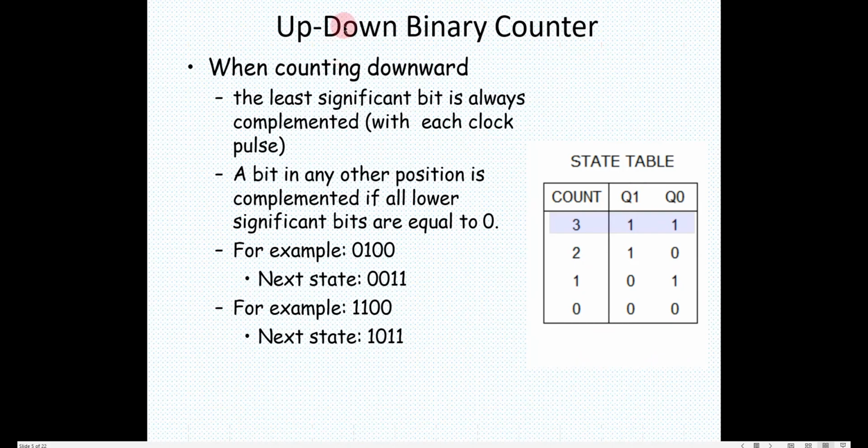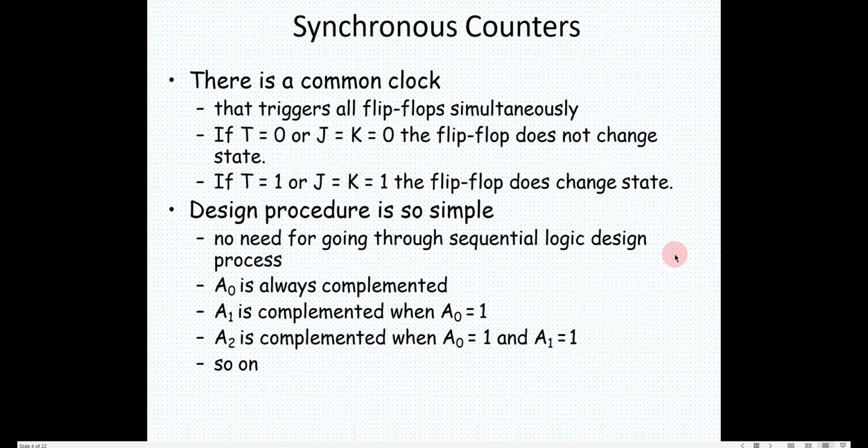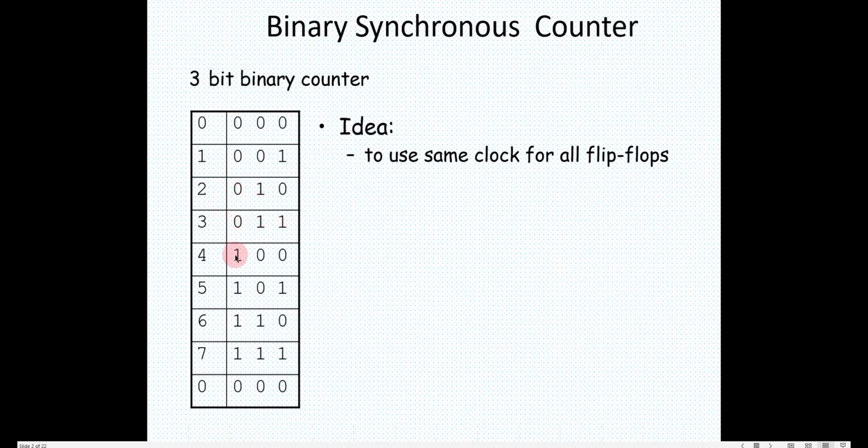So when I have to count down, this is 0 1 0 1 0 1 0 1 0, it is continuously toggling, so I can give a T input. Here the difference is that the change in the output state is happening only when the previous lower significant bit is 0, whereas in the first case we saw this is changing from 0 to 1, like here 0 to 1, this is 1.